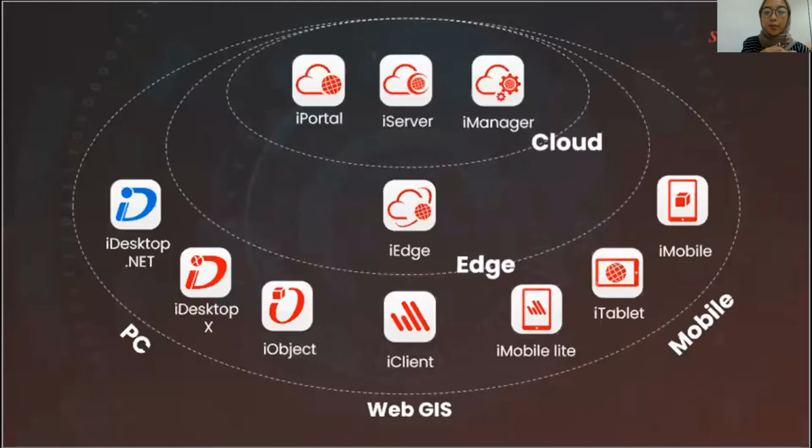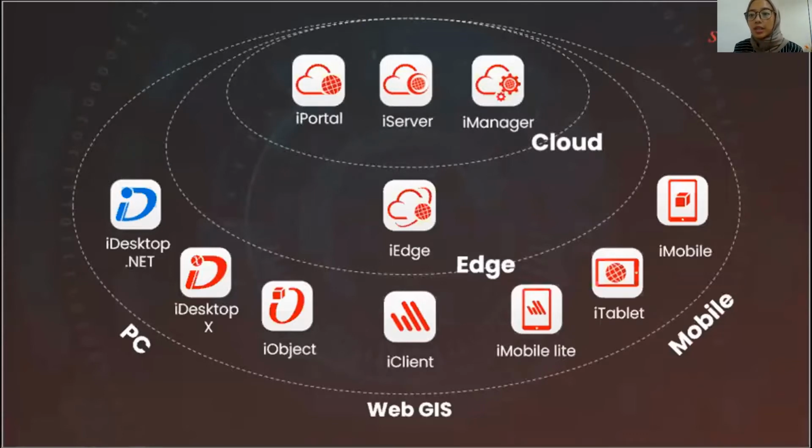And in iDesktopX, we are able to achieve the AI and GIS features, such as object detection or feature extraction, because it supports the Python environment. So in Supermap, the Geo AI capability needs to be supported by Python, and it can be done only in Supermap iDesktopX.